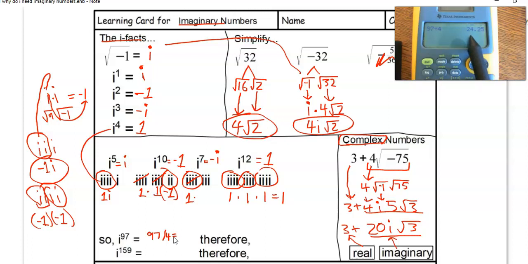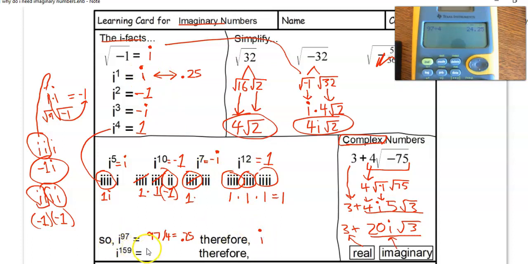Those are all going to cancel out as 1. But that 0.25 at the end is the same thing as saying 1 left over out of 4. The 0.25 is the important part because that's the leftover. Anytime you see 0.25 after you divide by groups of 4, that means there was 1 left over, and if there's one i left over, that's i. Therefore, the answer to this one is i.